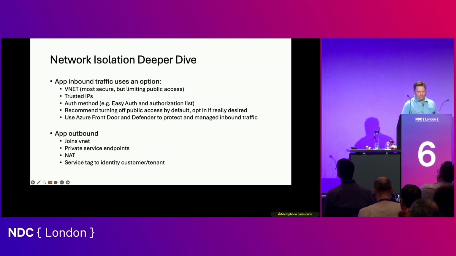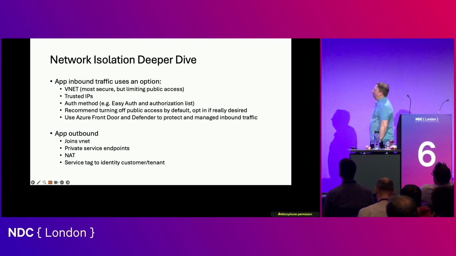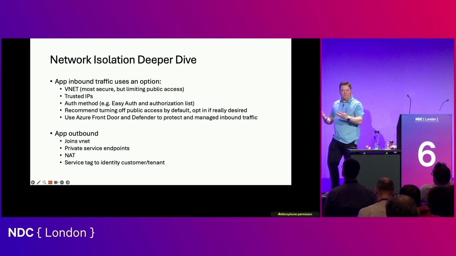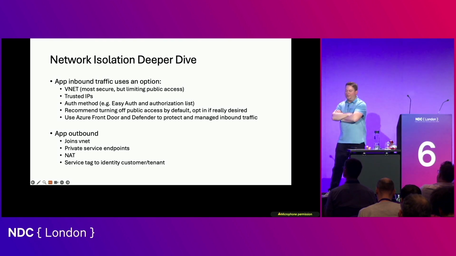All right, so for inbound traffic, the most secure thing we can do today, if we're using Azure software and not additional hardware in front of it, is use a VNet. If you put on a VNet, it will deny all traffic by default. All traffic is untrusted. Then you basically have a few things you can do.